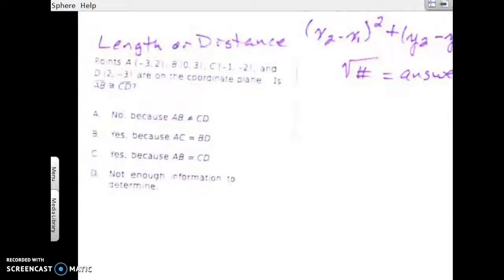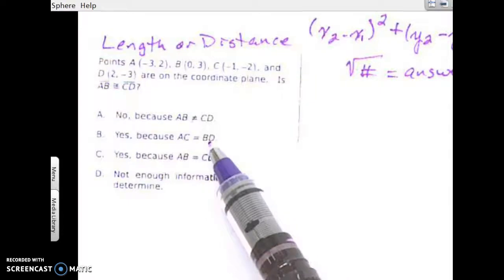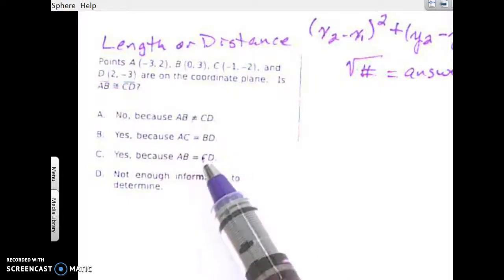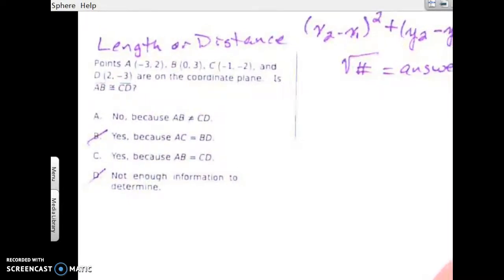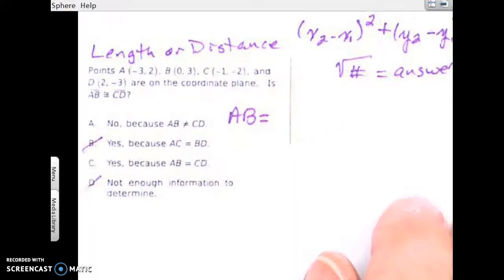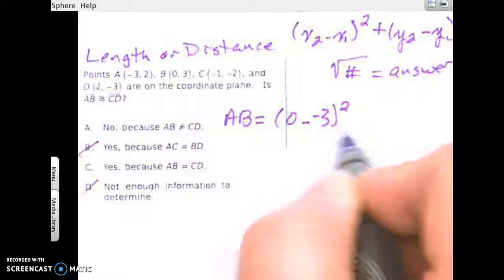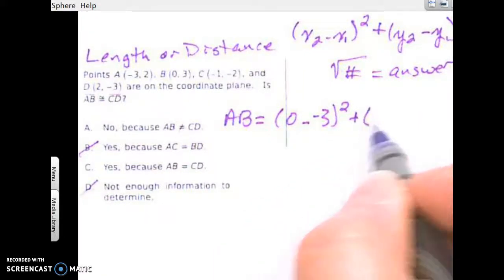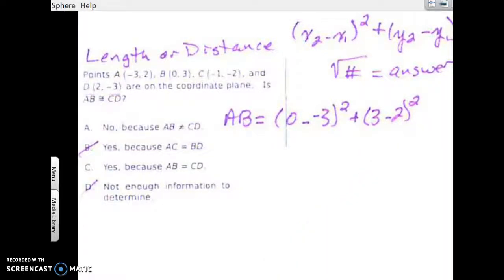So if I'm looking at my answer choices, either I'll get a no because they're not equal, or I'll get a yes because they are equal. I'm looking at AB and CD, so I don't care anything about AC, and I definitely have enough information to solve that problem. So if I'm taking a look at what is the length of segment AB, I'm going to take my values for A and B. I'm going to take my 0 minus negative 3 squared plus my y values, 3 minus 2 squared, and I'm going to put that in my calculator and get a number.